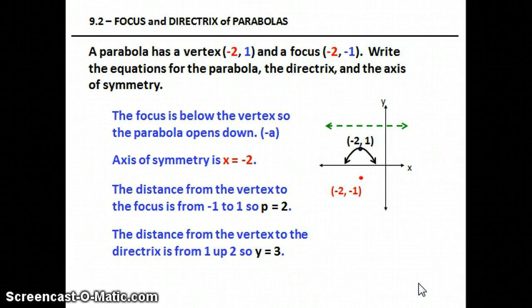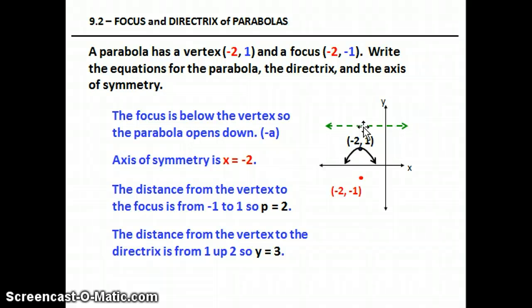Well, sometimes it's a lot easier to just draw a little tiny diagram. I know I say this all the time, but it always helps me a lot. Because if I know that my vertex is at -2, 1, and my focus is at -2, -1, suddenly I can see that my focus has to be in the bowl of my parabola. Therefore, this is going to open down.